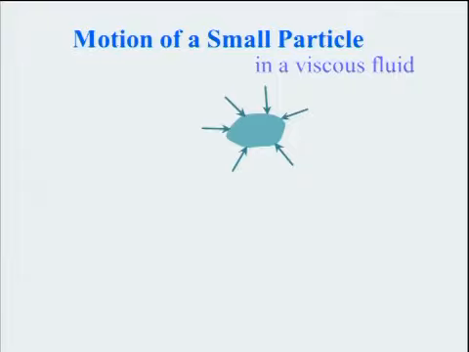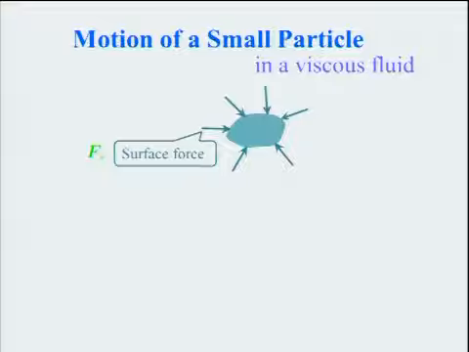We consider a small particle in a viscous fluid. This is a particle, a solid body. And there are two kinds of force acting on this particle. One is surface force, like viscous force.